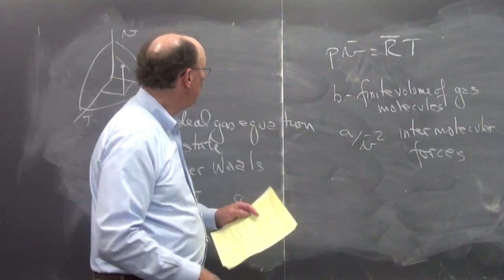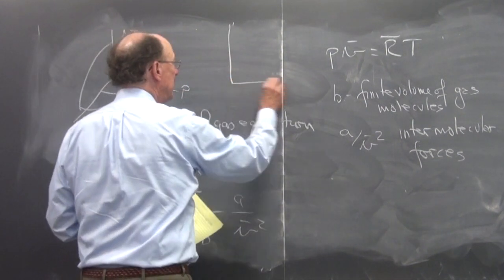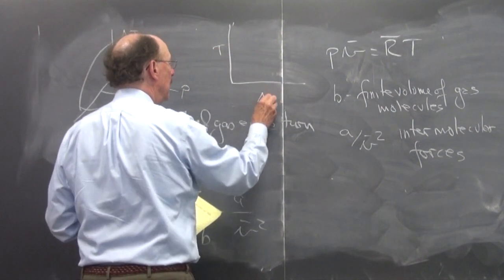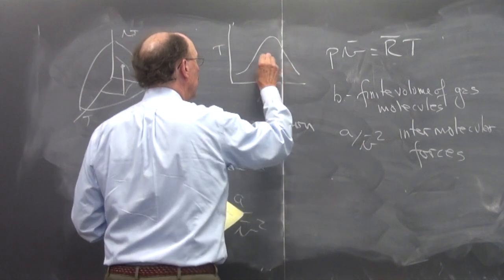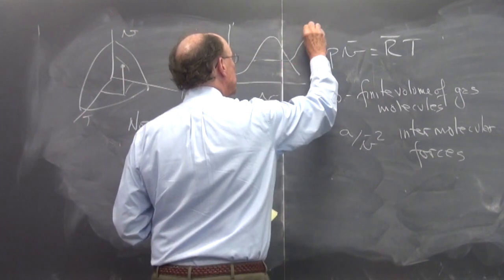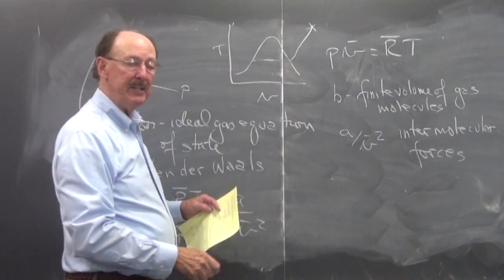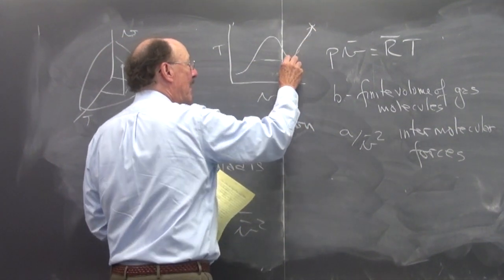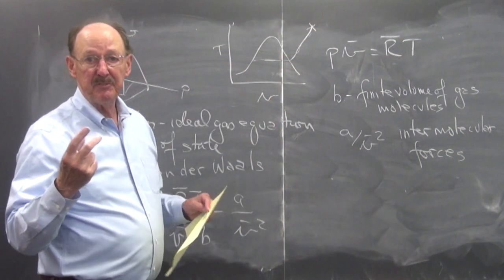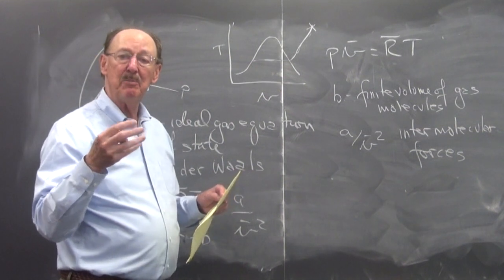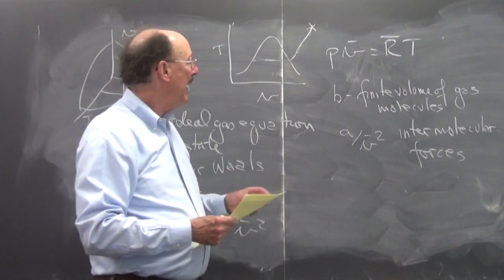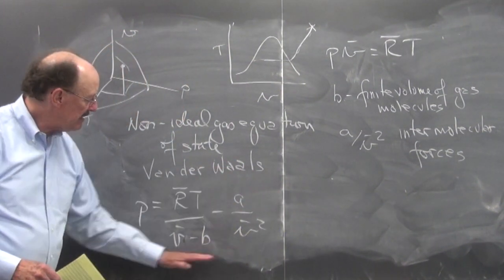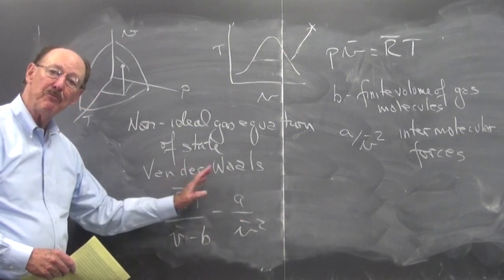And so, if you remember where we had this TV diagram, and we started off here for the ideal gas, as we move down, the gas becomes more dense, and there are intermolecular forces between the molecules, and this is an attempt to account for that.